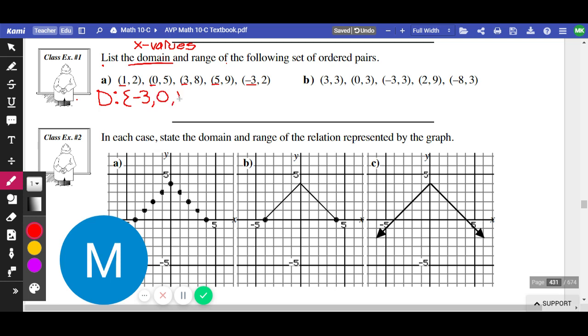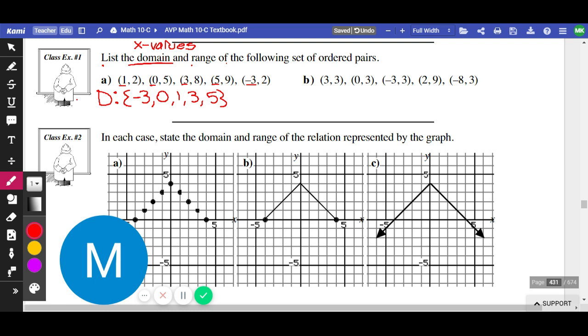Next smallest, 1. Next smallest, 3. Next smallest, 5. And then I close it with a curly bracket. This says the domain is -3, 0, 1, 3, 5. Those are all the possible input values or x values you have in this question.